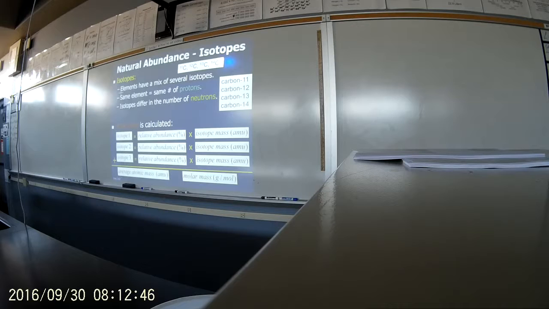So, the good news is every molar mass calculation is the same. It's all abundance times weight plus abundance times weight plus abundance times weight.